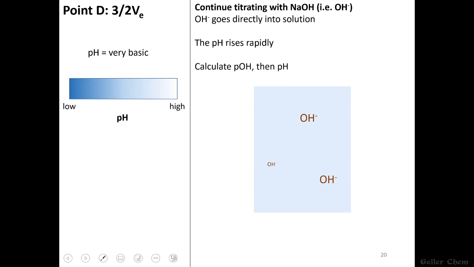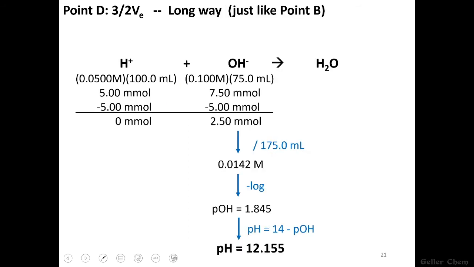There's the long way, which is just doing the neutralization math, and then there's the short way, which is what we're going to write down. But really quick on the slide, I'll show you what the long way looks like. We would just write out our neutralization reaction, figure out our millimoles as before. This time we have more hydroxide than our initial amount of protons, which makes sense because we're past the equivalence volume where those two values would be equal.